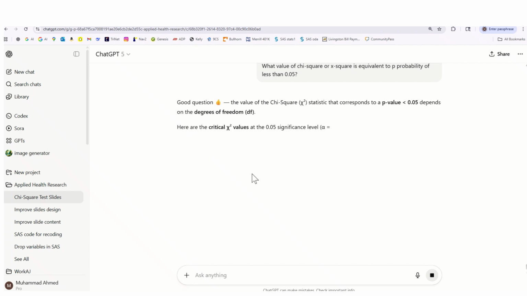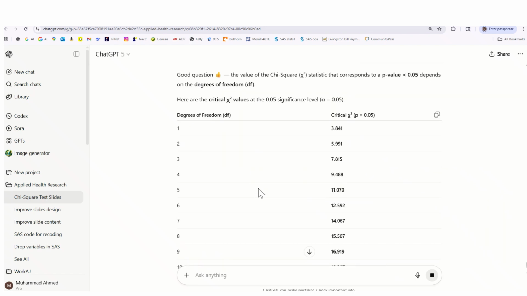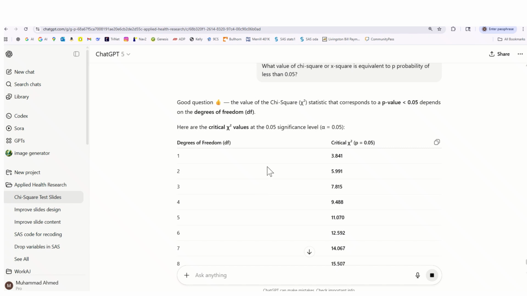Here we have two groups in high cholesterol and two groups in normal cholesterol level, and it is giving us the answer according to the degrees of freedom. So the degrees of freedom in our case will be 2 minus 1 plus 2 minus 1. So ultimately we'll have only 1 degree of freedom.